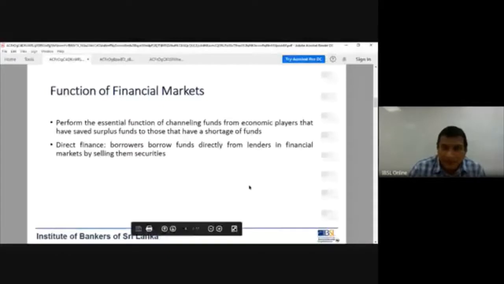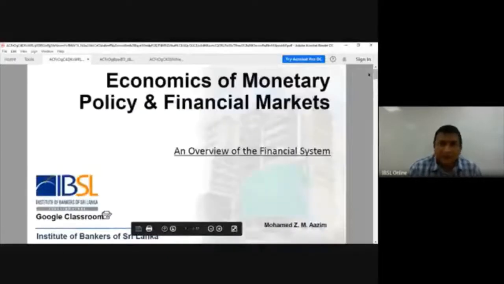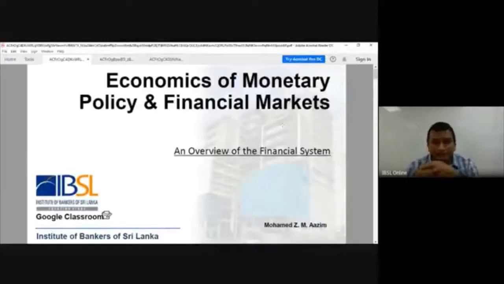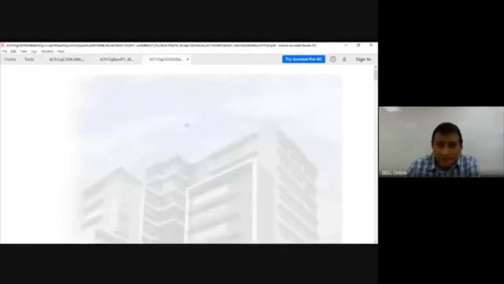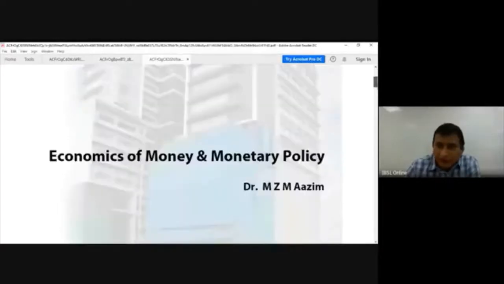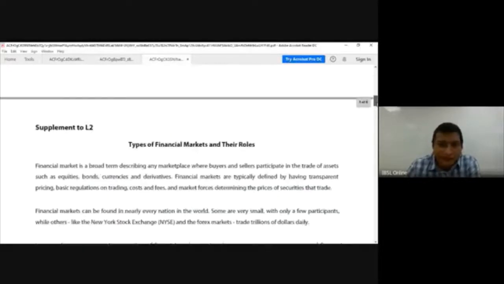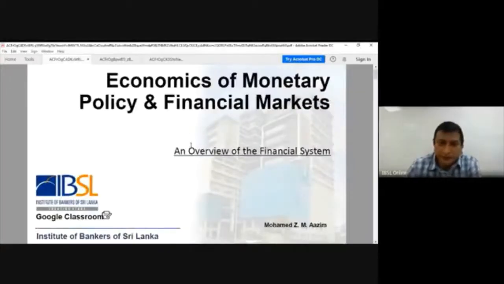So you see these elements, and we will see the next topic. That is the overview of the financial system. I think you all have the handouts, and together with this, there is a reading supplement I shared with IBSL that is also loaded into the program details, so you can have that for this area of discussion.